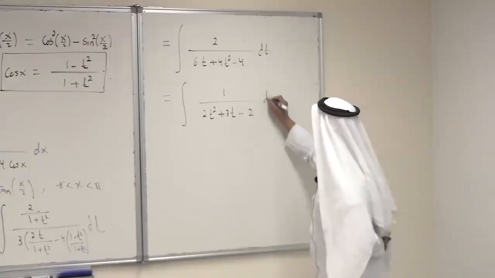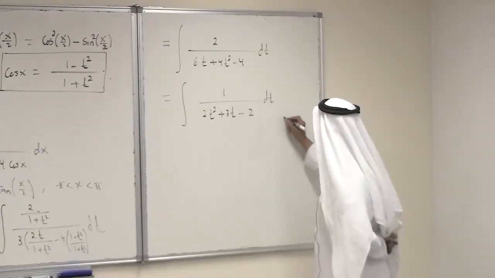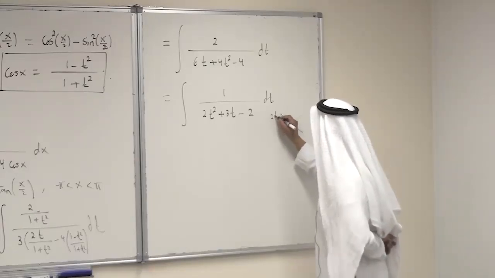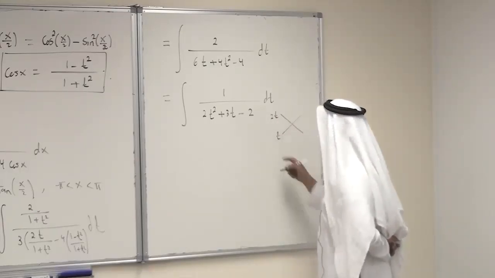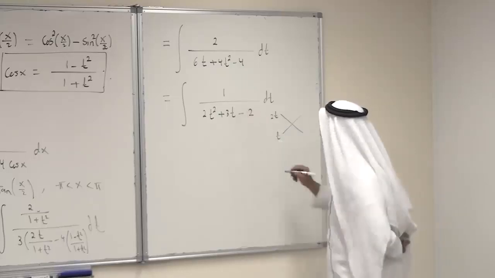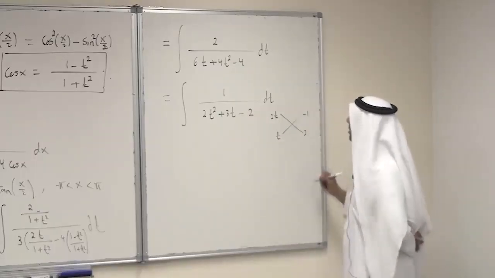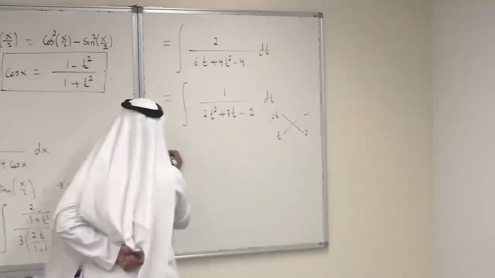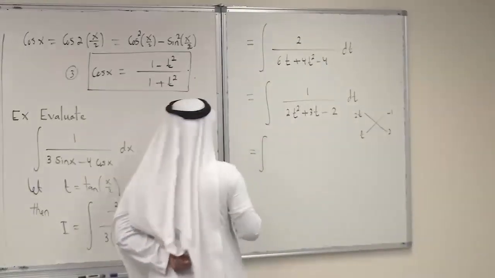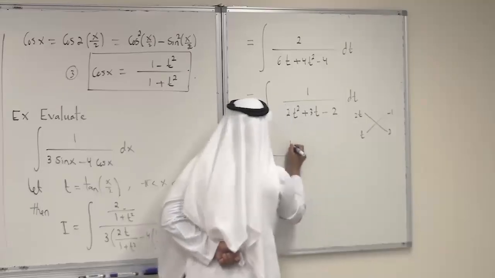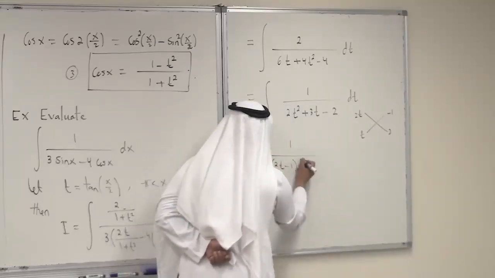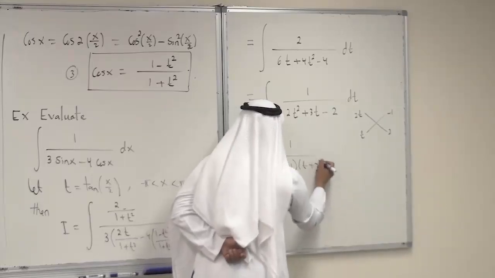Of course I need to have here dt. I simplify the denominator, I try to factor it into 2t by t, and this is minus 2. We needed plus 3 here, so this is 2 times, minus 1, this is 4, minus 1 is 3, so yes, this is exactly equal to 1 over 2t minus 1 times t plus 2 dt.